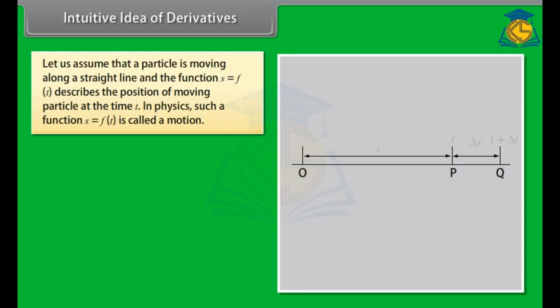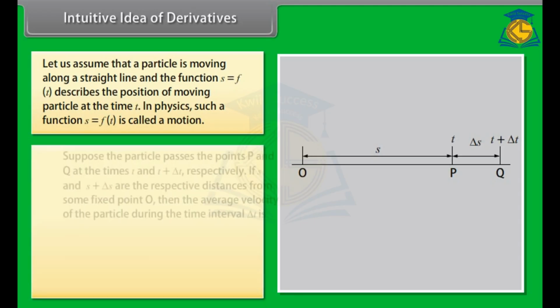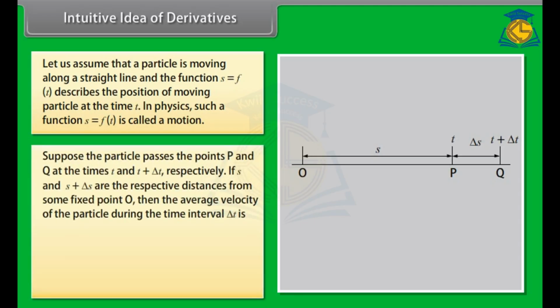Intuitive idea of derivatives. Let us assume that a particle is moving along a straight line and the function s = f(t) describes the position of the moving particle at time t. In physics, such a function s = f(t) is called a motion. Suppose the particle passes the points P and Q at the times t and t + Δt, respectively.